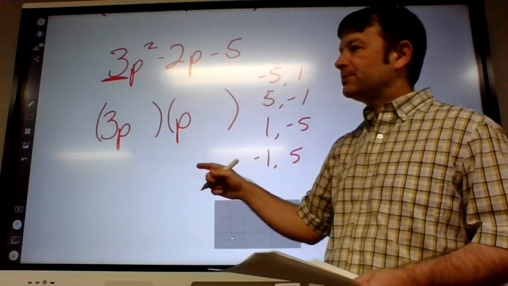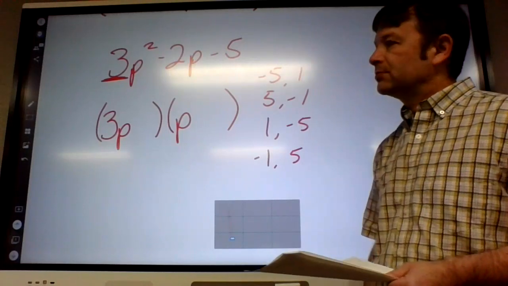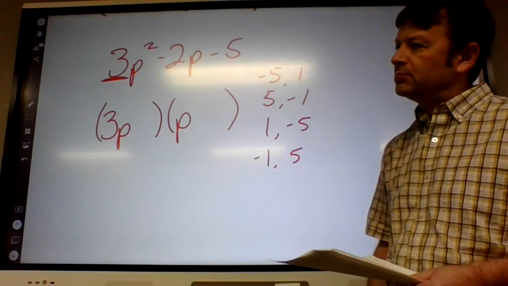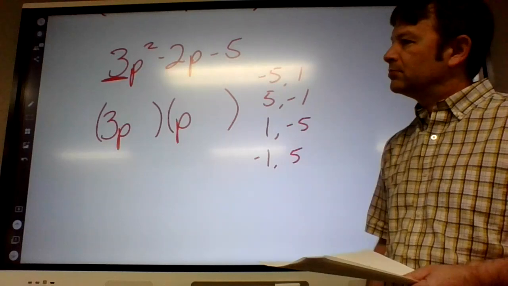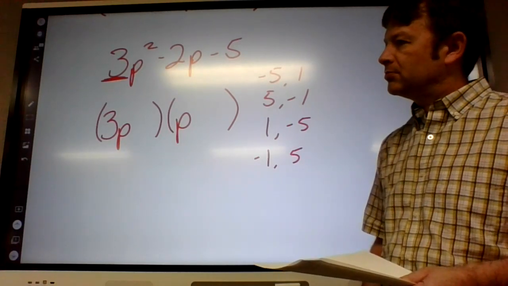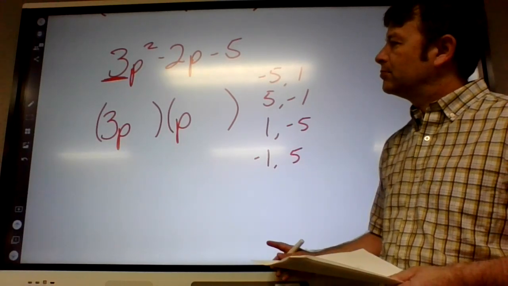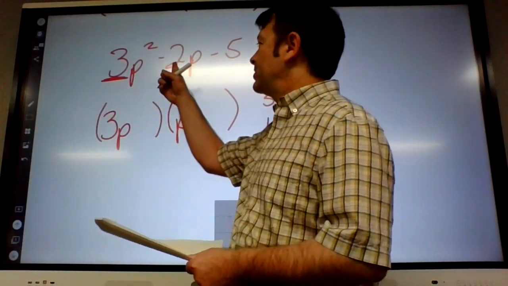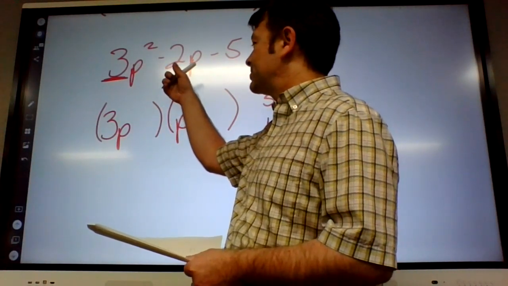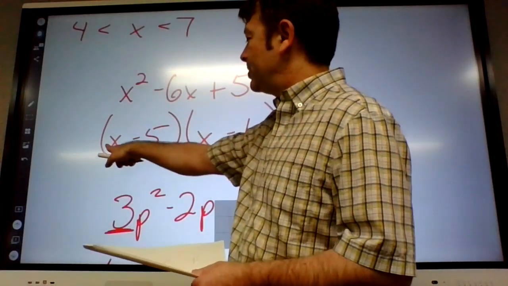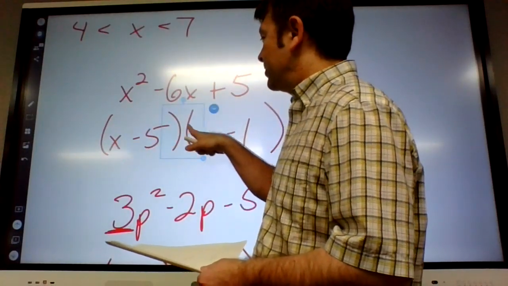Let's just say it was p squared minus 2p. Then we'd just have to add up to 2, right? But how does the 3p change that? Because the way that this number happens is by foiling. If there's no numbers up here, then they don't really affect it.